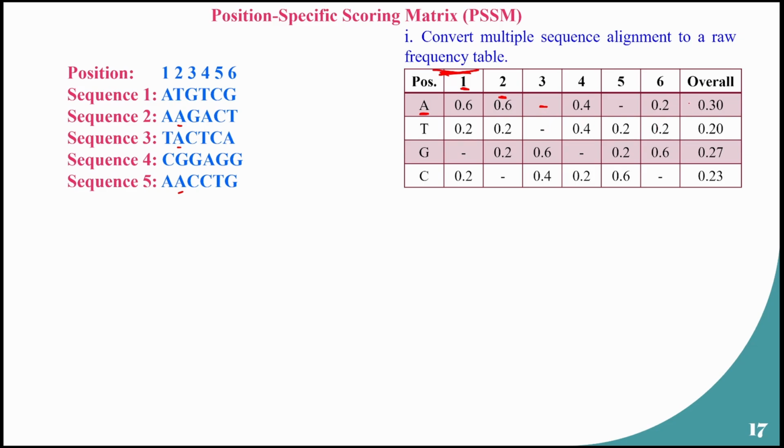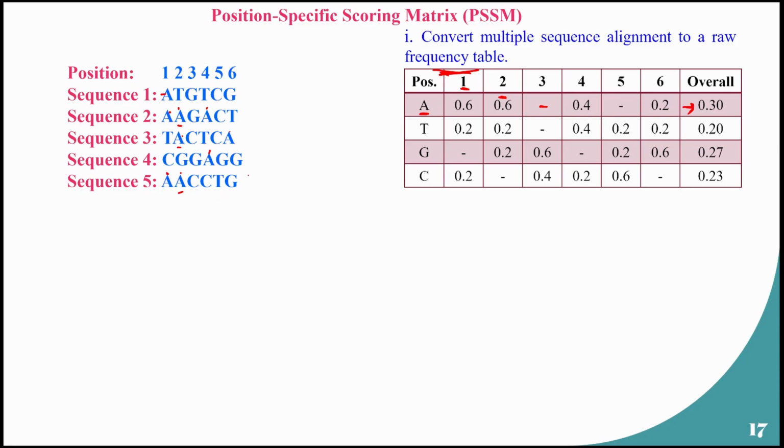And then you also have an overall value. The overall value is basically, irrespective of any positions, how many adenines are present overall. If you just count all of the A's present here, you see 1, 2, 3, 4, 5, 6, then 7, 8, 9.